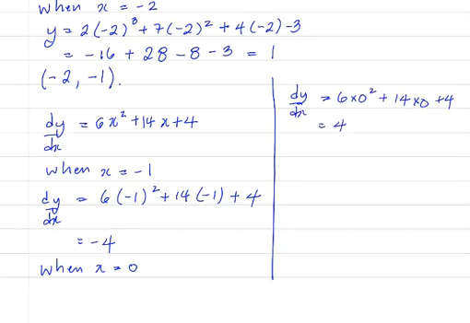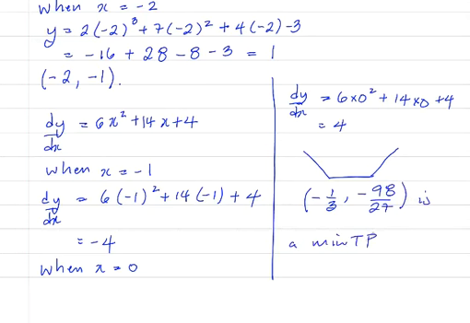So it's negative, zero, positive. So minus 1/3, minus 98 over 27 is a minimum turning point.